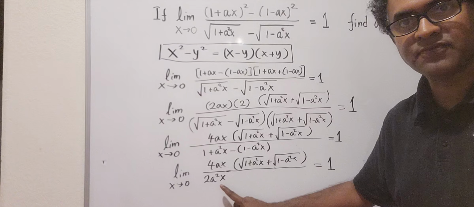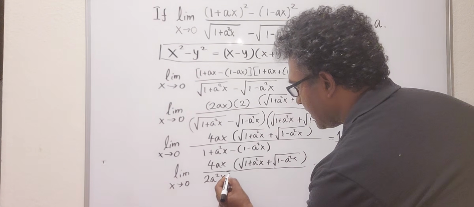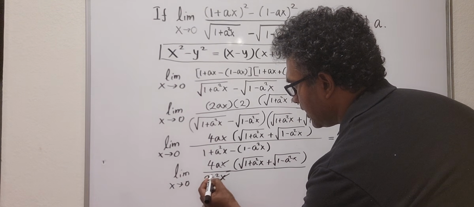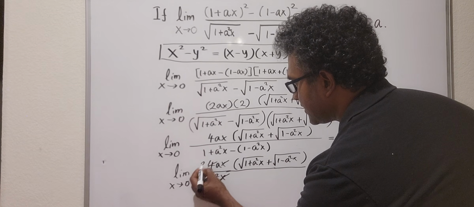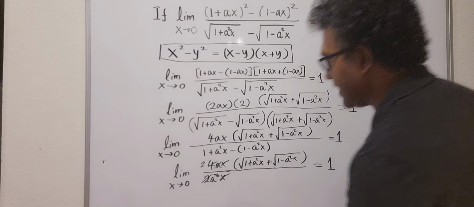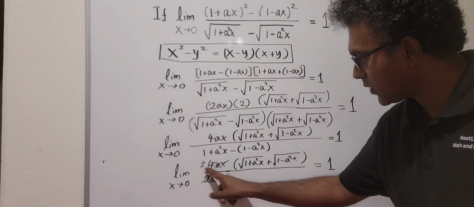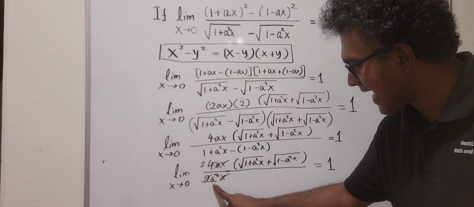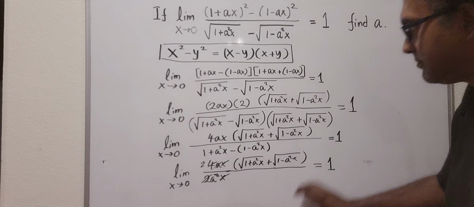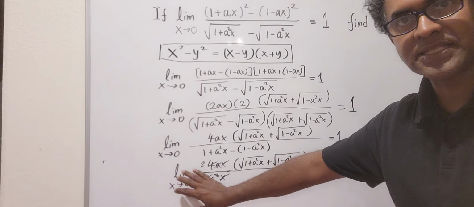And here I can further simplify. x cancels with x. There's a 2, and then the numerator will be 2, and one of the a's will cancel out. So here I'll have 2 over a times this term, and I need to take the limit of that.